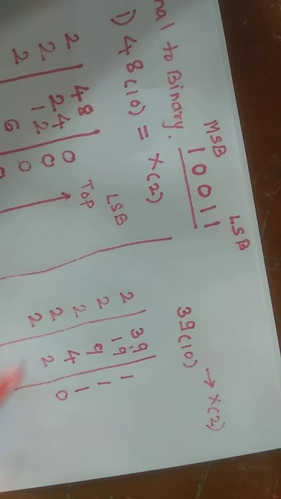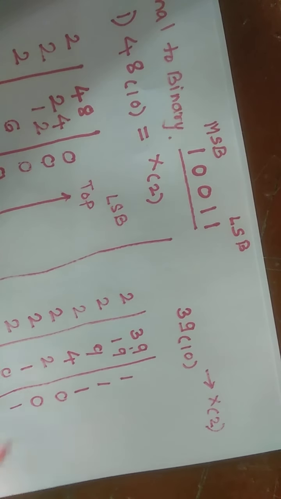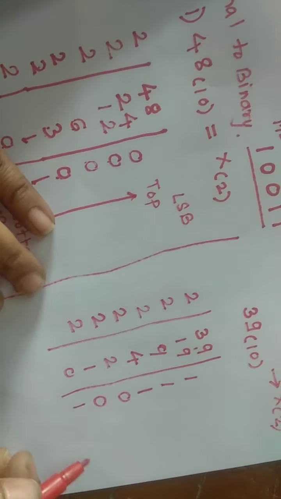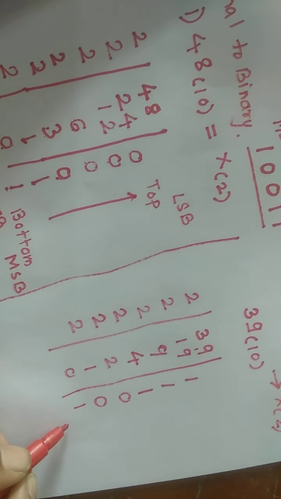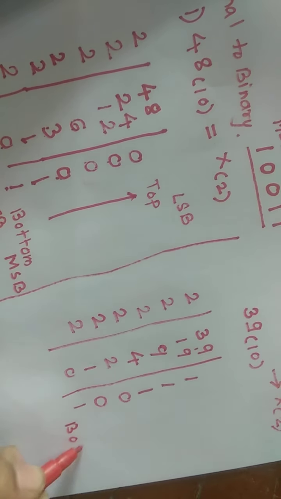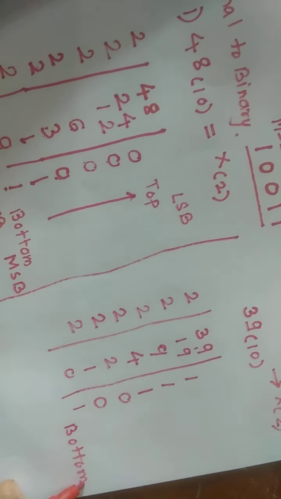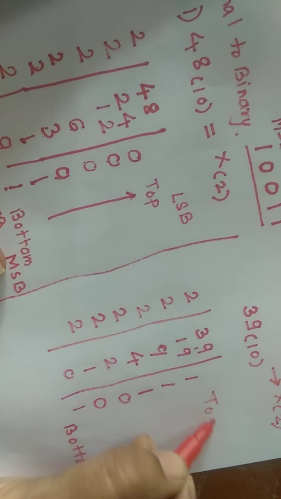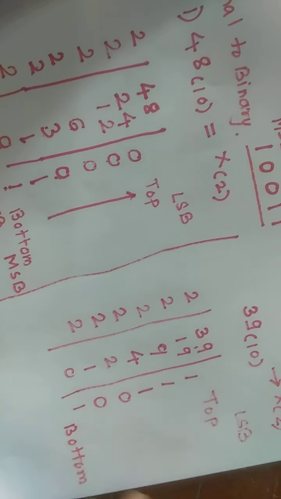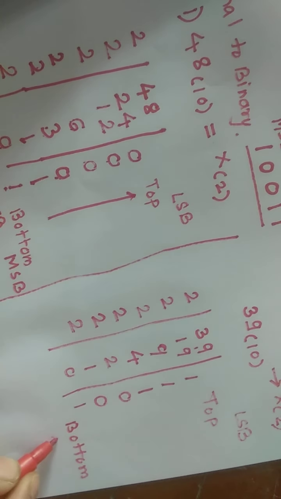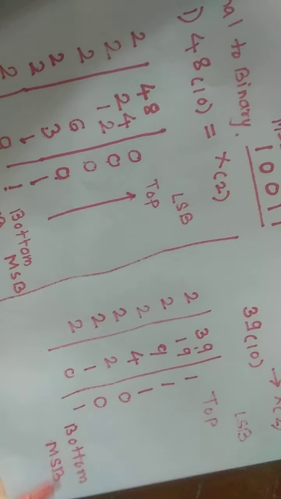Again 2 1s are 2. Remainder will be 0. 2 zeros are nothing, that means 0. Remainder will be 1. So I will mark here the bottom and here the top. Again I will mark here LSB and here MSB.